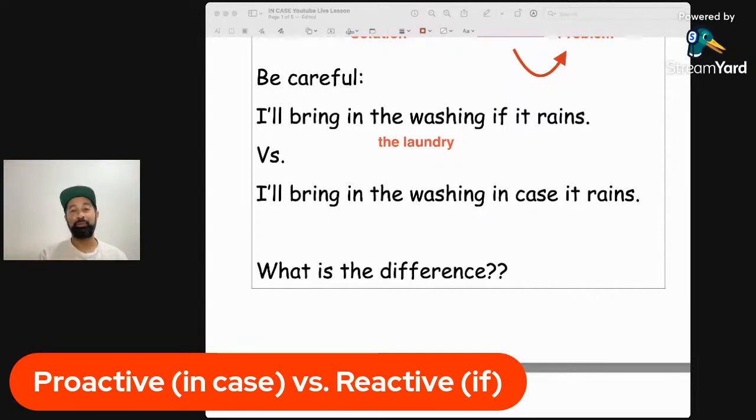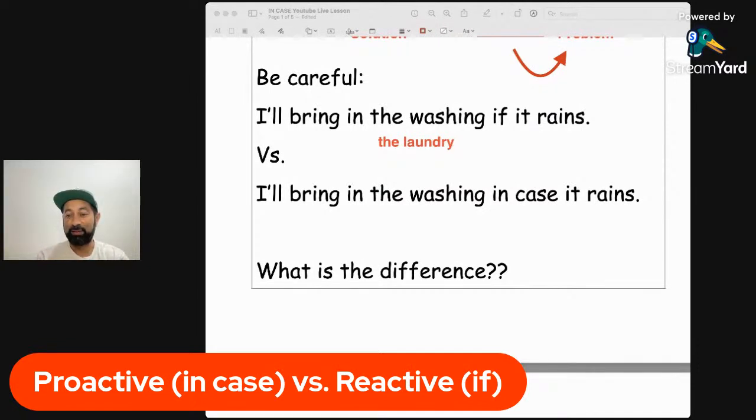That way there's no problem. But reactive means I'm reacting. That means the problem comes, and then I react. Okay, so one more time. Proactive means you're acting first before the problem. And reactive is you act after the problem comes.